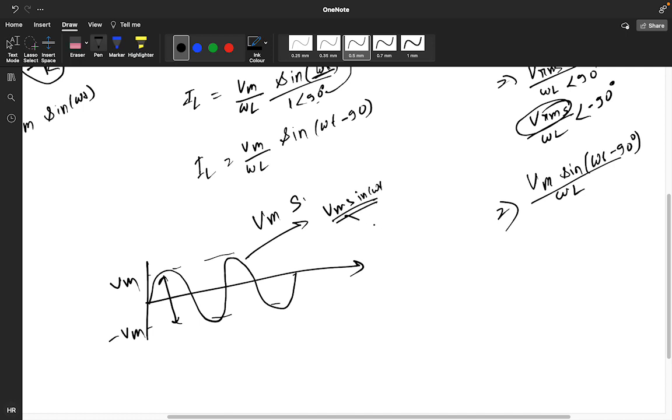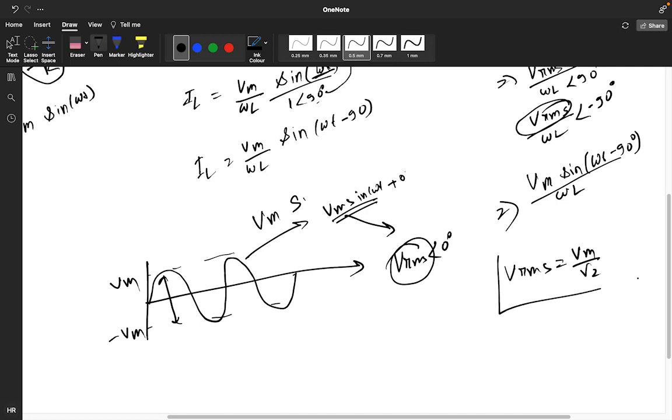If you want to write in the form of a phasor, with omega t nothing is added, so it's 0, so Vrms at an angle 0 degree. What is Vrms? For a sinusoidal wave, Vrms is Vm by root 2. We'll see how this value is coming, root mean square, why this is coming.